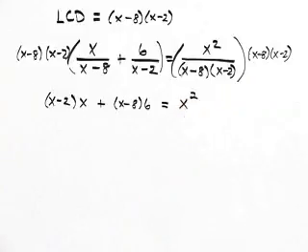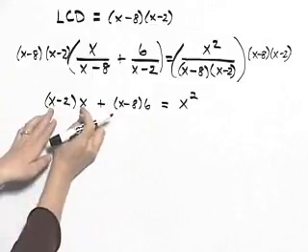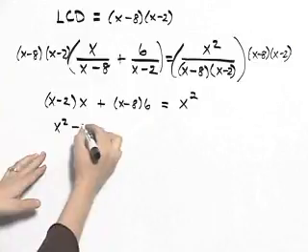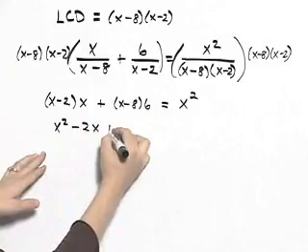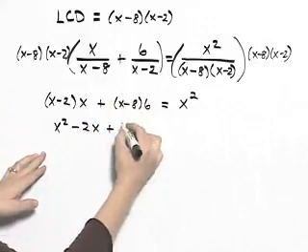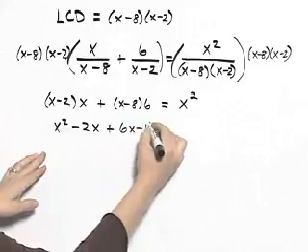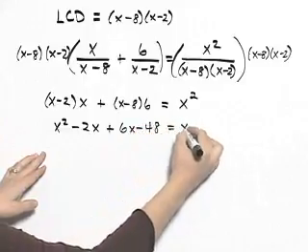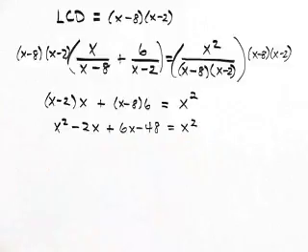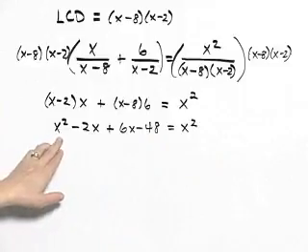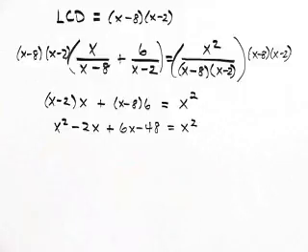Now I have to simplify by using the distributive property on the left. So we'll have x squared minus 2x. Here we'll have 6x minus 48 equals x squared. We can subtract x squared from both sides of the equation.